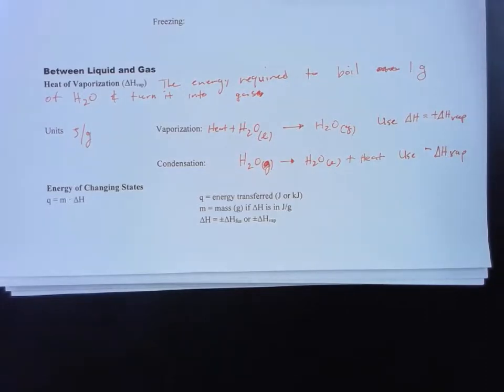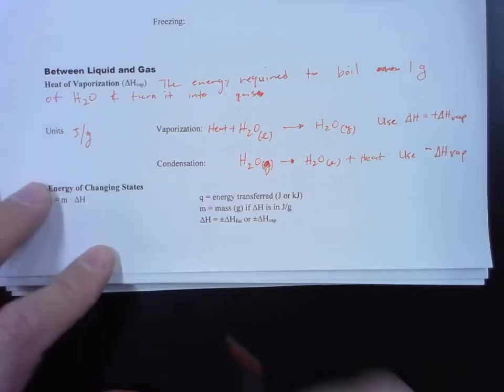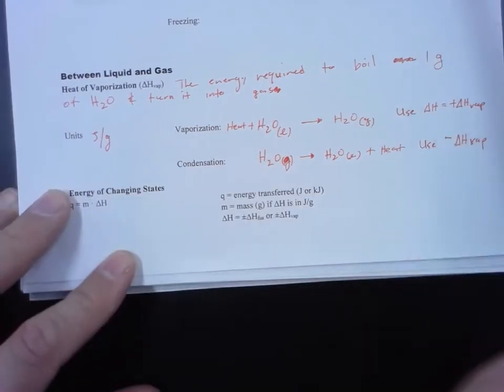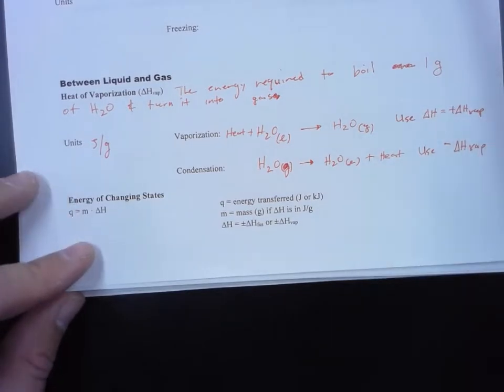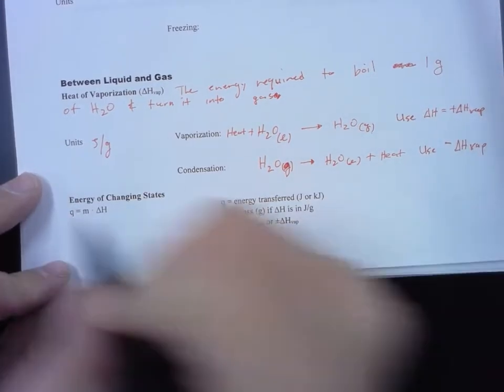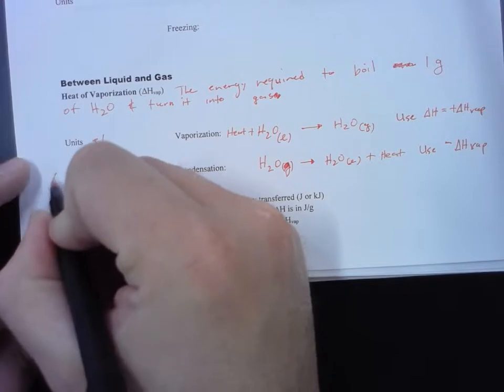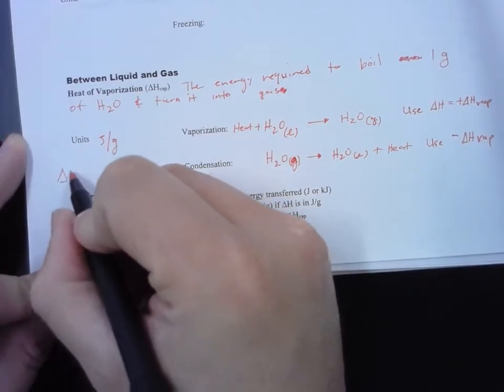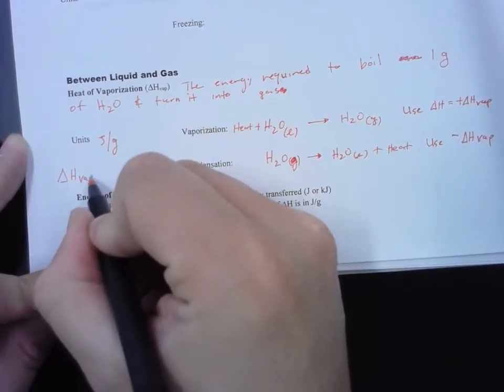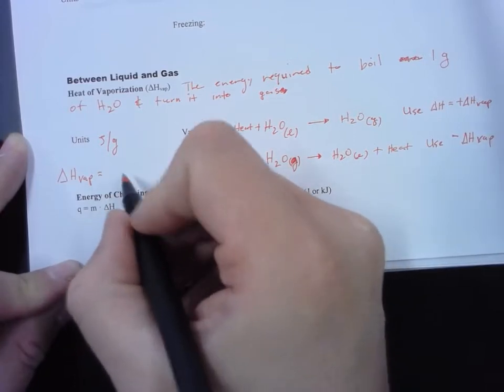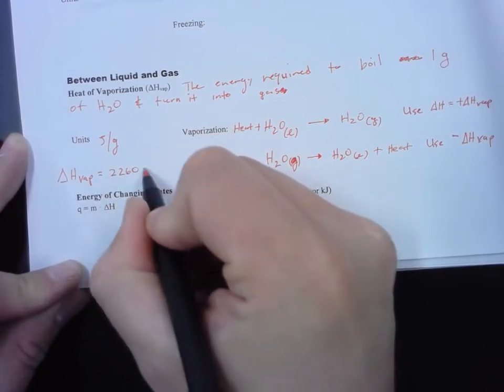And what is the delta H of vaporization? For water, now all different substances have their own different delta H's, but the delta H of vaporization for water is 2260 joules per gram.